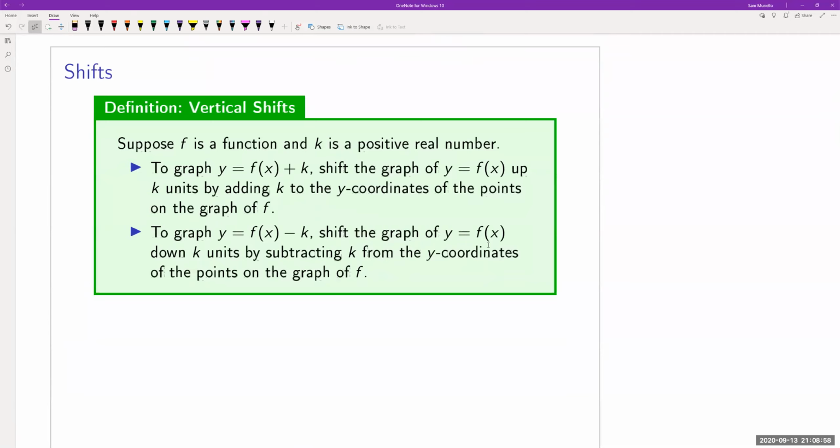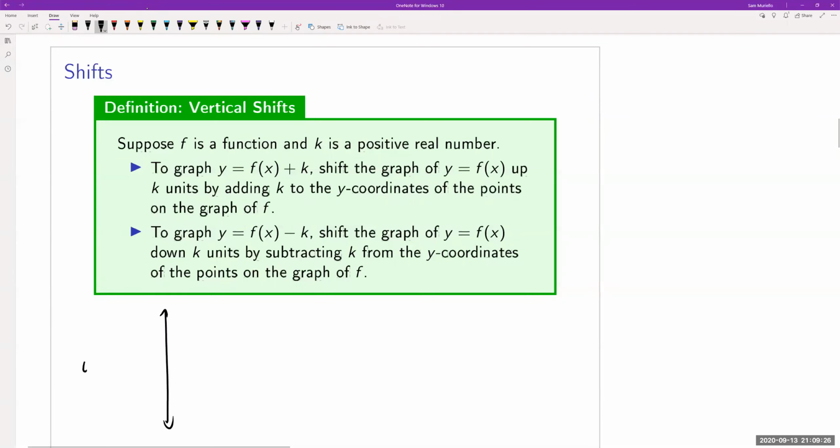If we subtract a positive value, or alternatively add a negative value, the function will shift downwards. A good way to think about this is that if we add k to one side, the way to balance that out would be to add k on the other side as well. So by increasing the right by k, we have to increase the y values by k. Thus, we will shift the graph upwards by k.